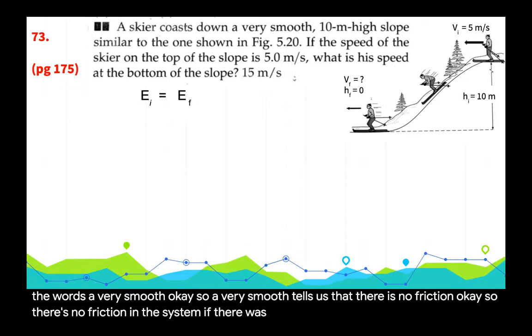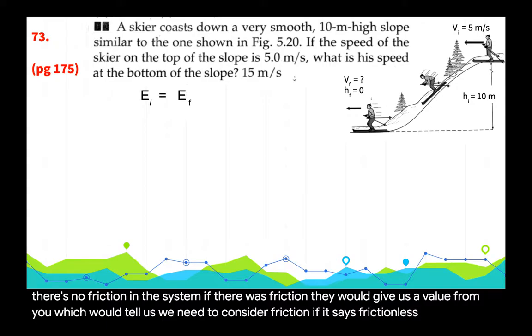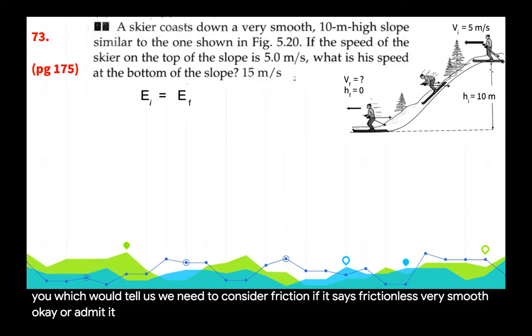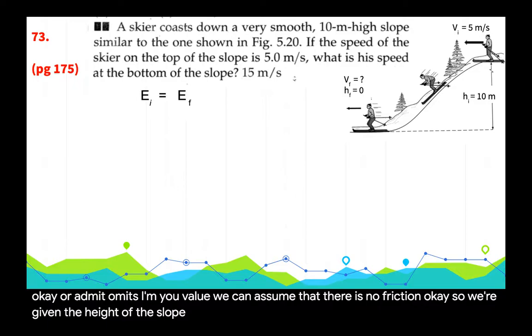If there was friction, they would give us a value for mu, which would tell us we need to consider friction. If it says frictionless, very smooth, or omits a mu value, we can assume that there's no friction. Okay, so we're given the height of the slope and the speed at the top.